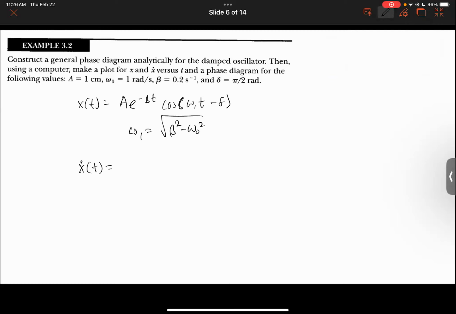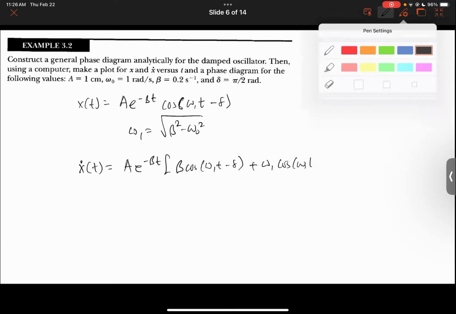So we have A exponential minus beta t times beta cosine omega 1 t minus delta. That's when you take the derivative of the exponential. And when you take the derivative of cosine, we have omega 1 sine omega 1 t minus delta.